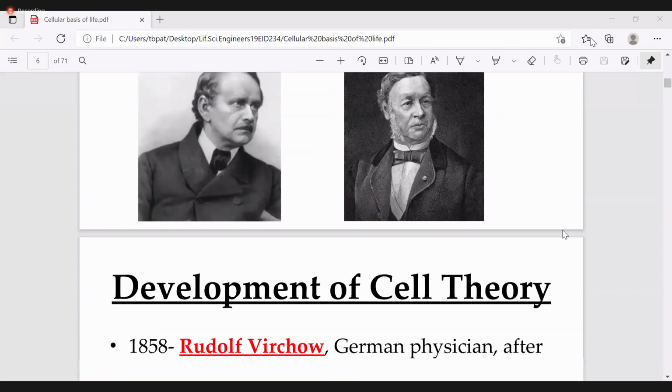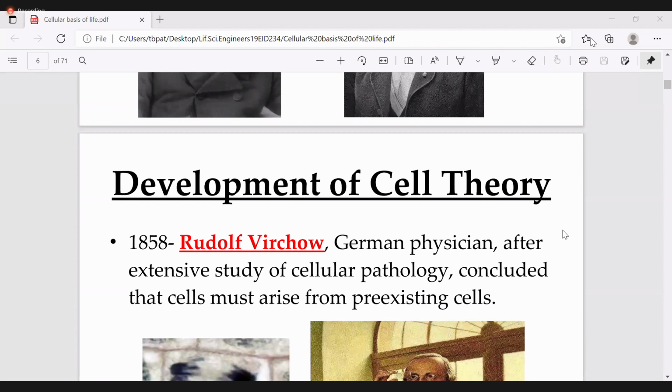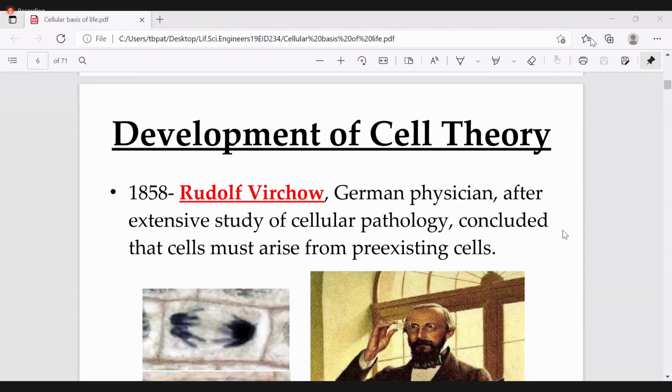The development of cell theories begins in 1858 onwards. Whenever the similarities between plant and animal cells were identified, cell theory began.